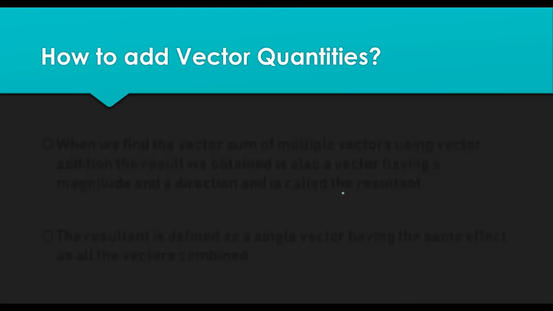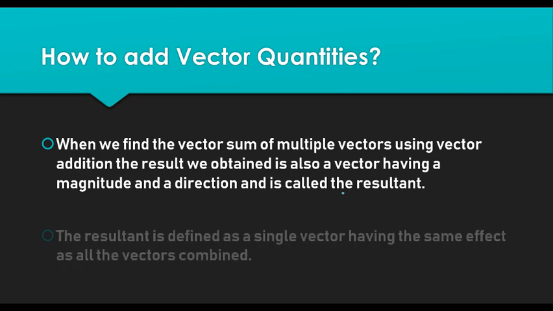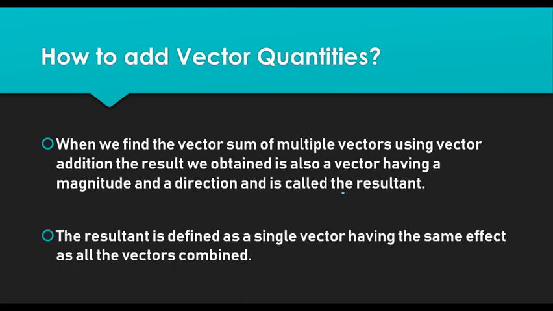So when we find the vector sum of multiple vectors using vector addition, the resultant we obtain is also a vector having a magnitude and a direction, and we call that new vector our resultant, right? The resultant is defined as a single vector having the same effect as all the vectors combined.